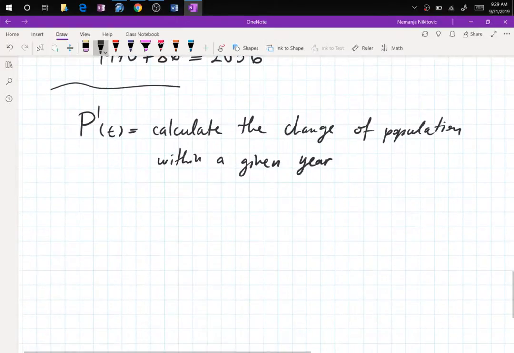This means that now we want to find the derivative. Those of you who remember the formula: the derivative of e to the ax is equal to a e to the ax, and this a in this particular problem is going to be that constant k, which was 0.01 whatever it was.